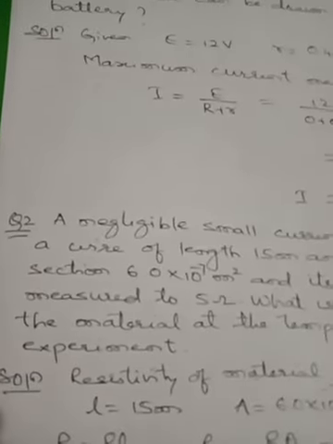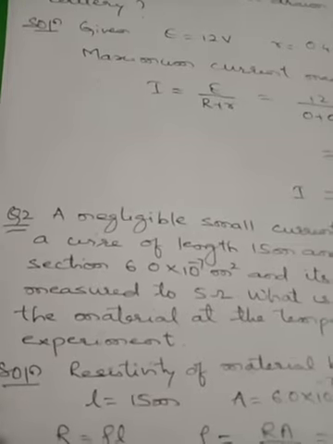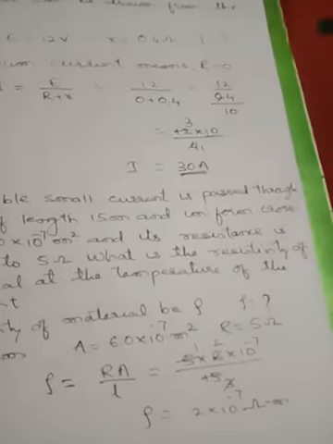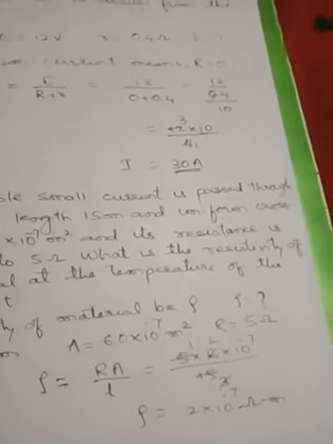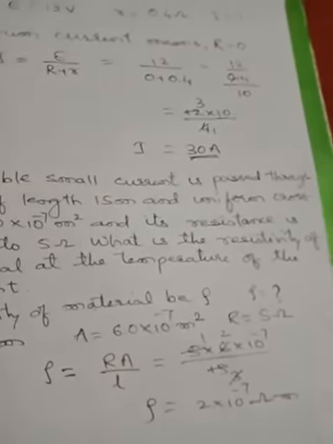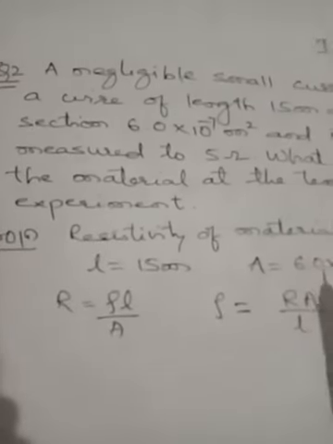Now you see, in this particular problem, a negligible small current is passed through the wire of length L, which is given to you, 15 meter. So you write L is equal to 15 meter. Area of cross section A is given to you, 6.0 into 10 to the power of minus 7 meter square.